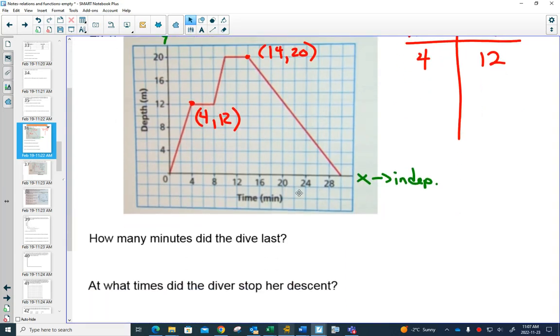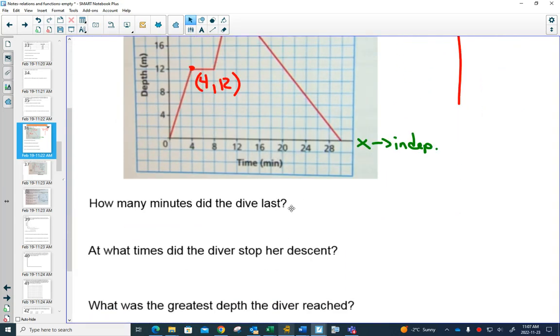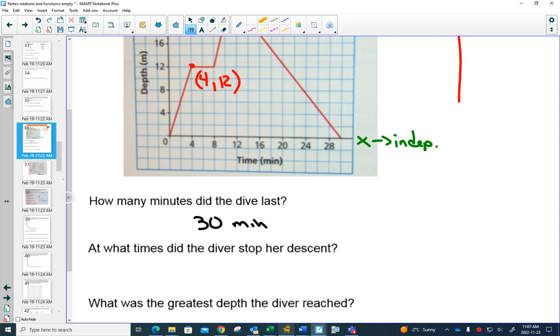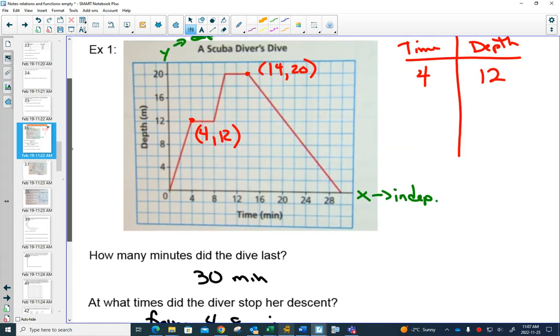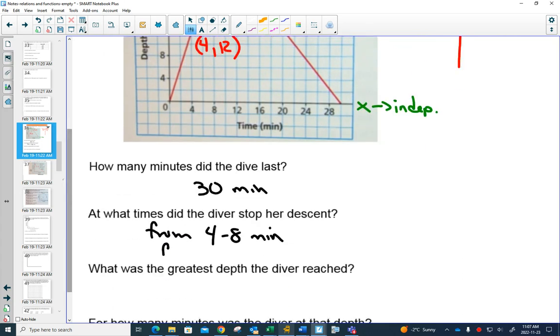How many minutes did the dive last? How long were they in the water? 30 minutes. At what times did the divers stop their descent? From 4 to 8 minutes, right? I guess technically they stopped their descent from 10 to 14 minutes as well.